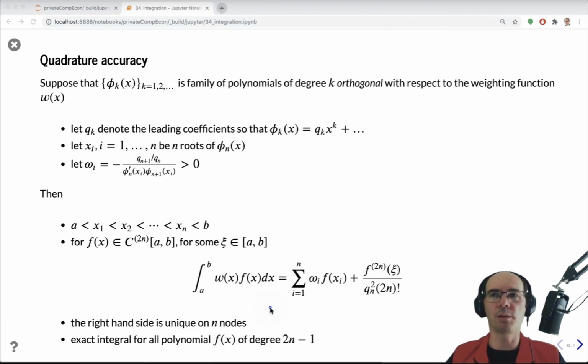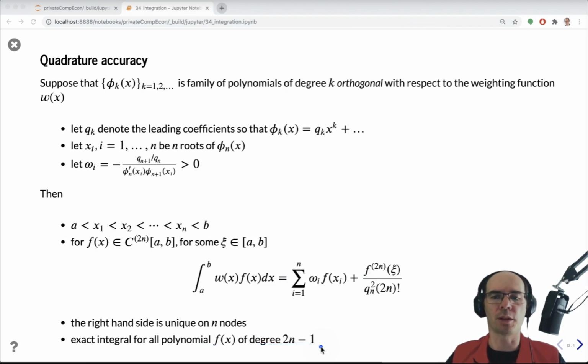And the bottom line of this whole procedure is that with n points, where n enters this summation, with n points on x, which are placed accurately as the roots of this collection of orthogonal polynomials, we can exactly integrate any polynomial of degree 2n minus 1.